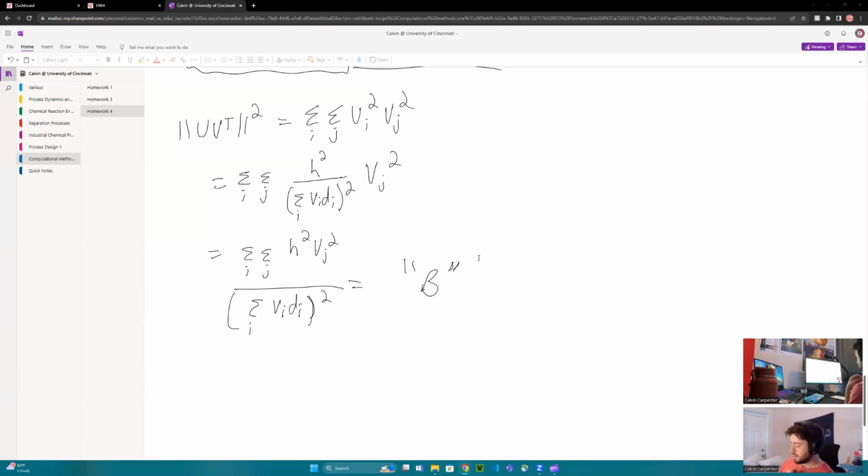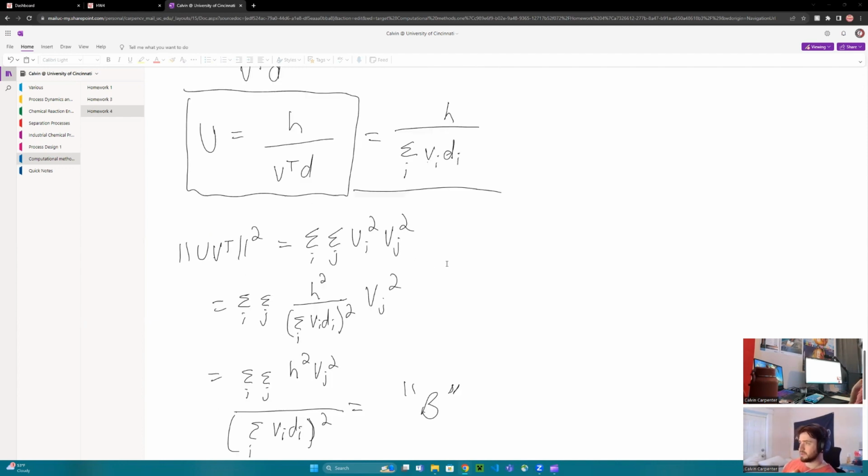So now if we take the partial derivative, oh my goodness, I'm really bad at drawing these. In terms of Vm of B, and M is anywhere from 1 to N. It could be any number of B, and we set that equal to 0.